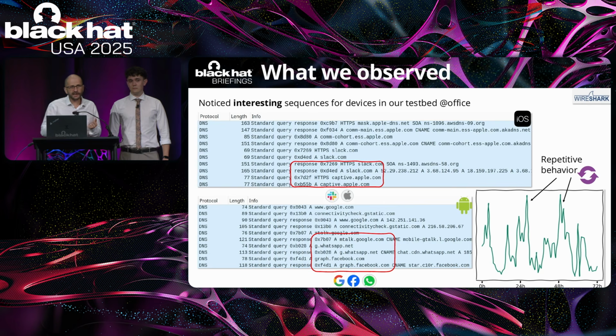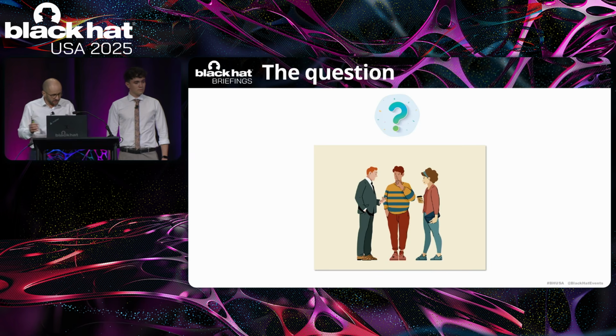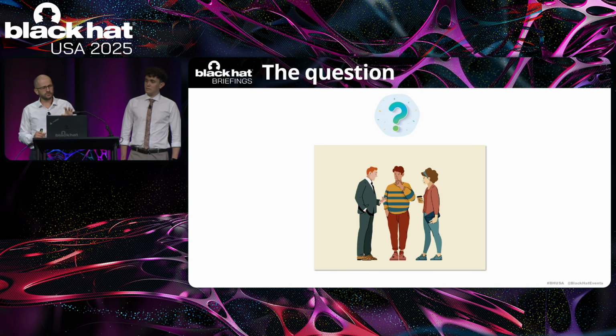And without having to use any fancy AI tools or analytics, just by looking with our naked eyes, we were seeing the same DNS requests and the same sequences and patterns being generated by devices. So we thought, OK, if we are seeing these repetitive sequences with the naked eye, wouldn't it be possible to build user device models and then use these in order to identify devices across different networking contexts? So this was a question that we asked early on.